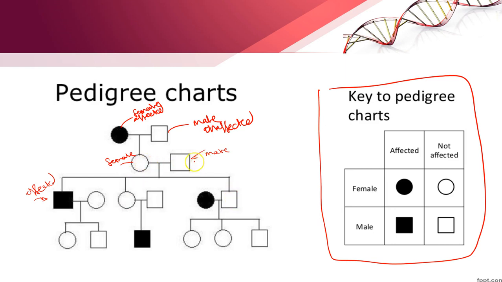So we know that in these two, there had to be a carrier. We know the trait must be recessive because it hasn't come across in this individual here. If it was dominant, we would likely see it in this individual here. So we can use this to analyze different situations.